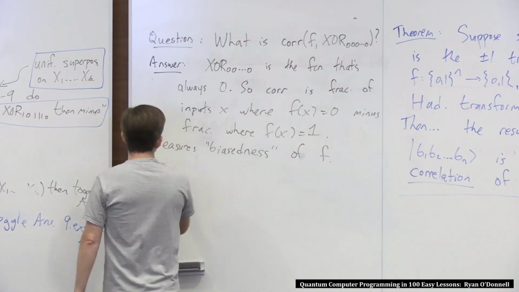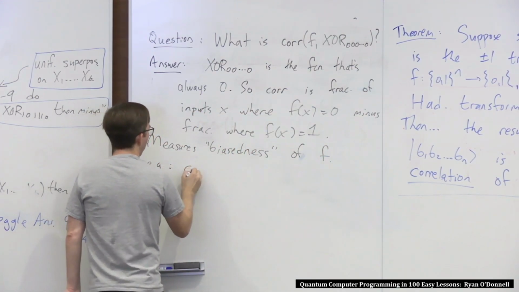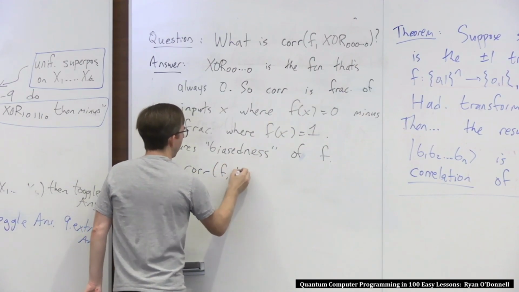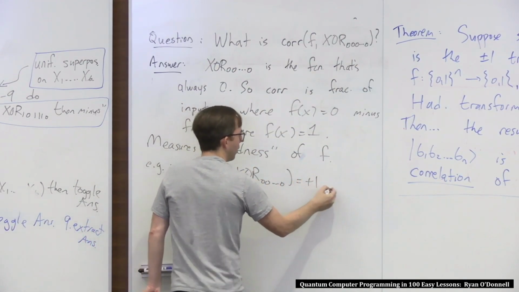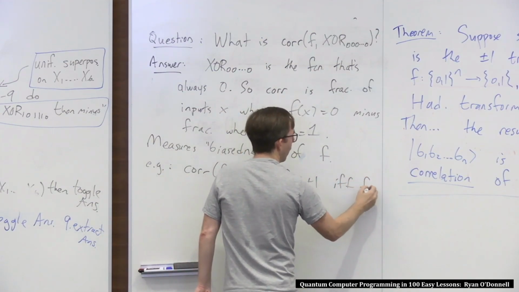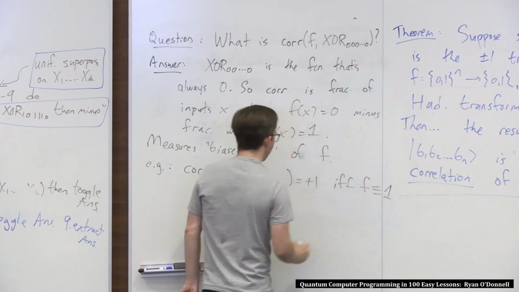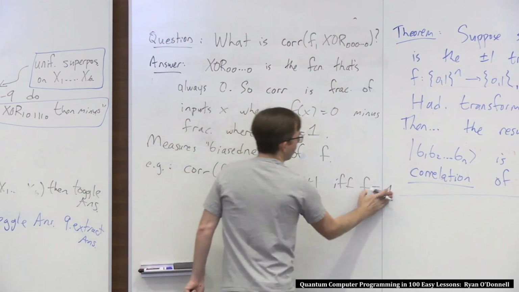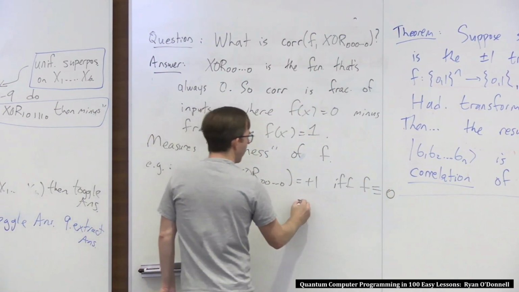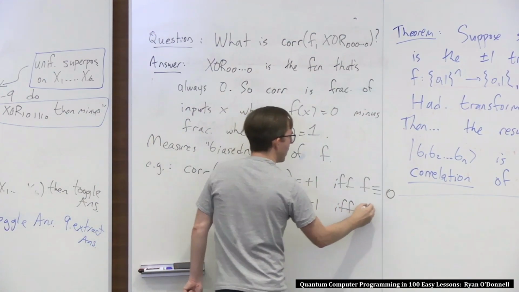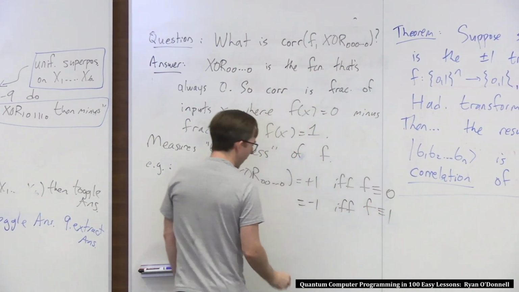So for example, the correlation of f and the XOR with bitmask all zeros is plus 1 if and only if f is the constantly 0 function. And it's minus 1 if and only if f is the constantly 1 function.